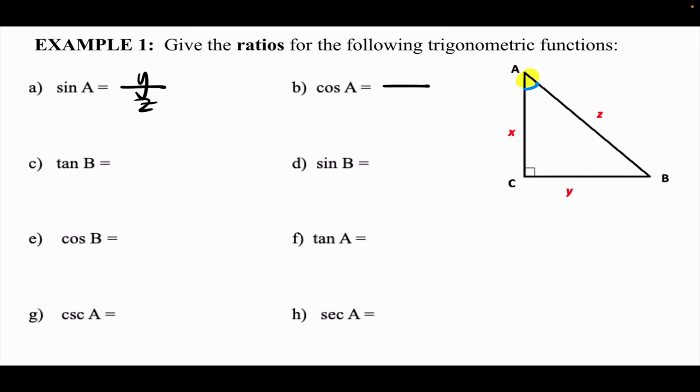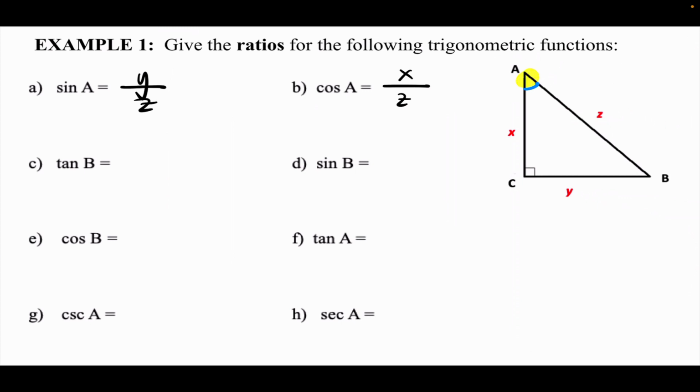X, right? It's next to it. Some people in my last class said, well, isn't Z adjacent? It's close to A too, but Z's got another name, not adjacent, it's called hypotenuse, right? X is the one we want, adjacent. And hypotenuse is what we need on the bottom, over Z.